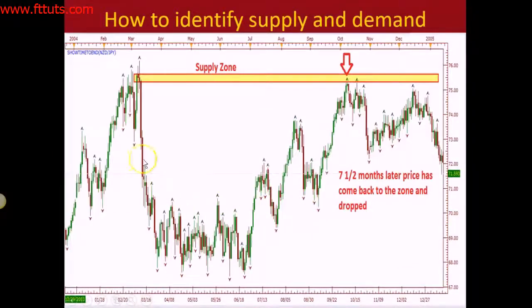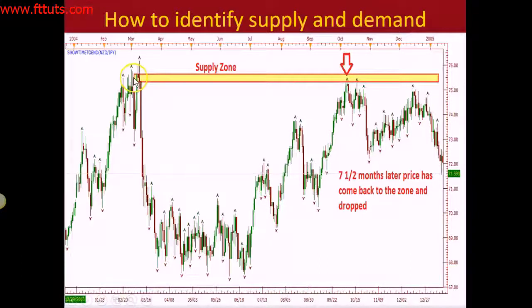All right, so here it is again. The market rallied. You had a base and then a major drop. This happened around February, and then coming back, you got your second touch. 7.5 months later, price comes back to the zone and drops.